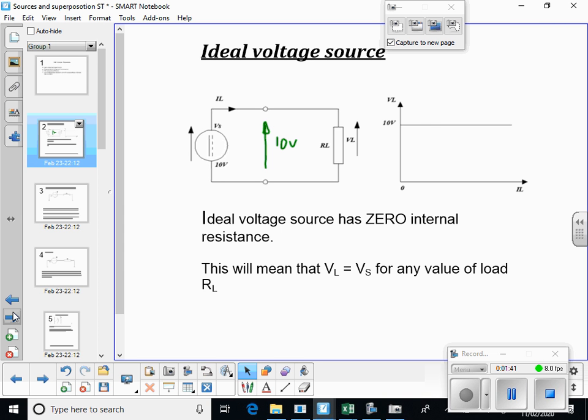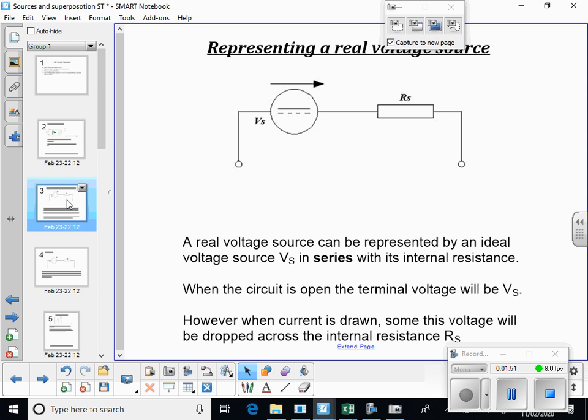Now, that situation is in terms of an ideal source. So, how do we represent a real voltage source? We do that by having an ideal voltage source in series with an internal resistance.